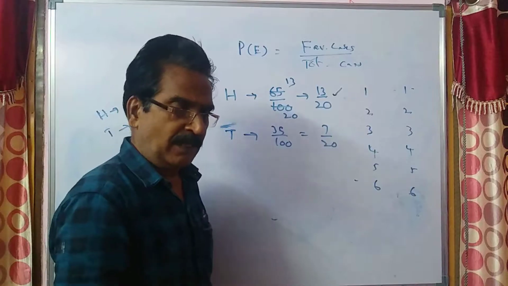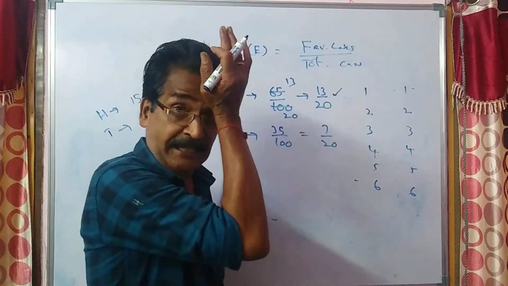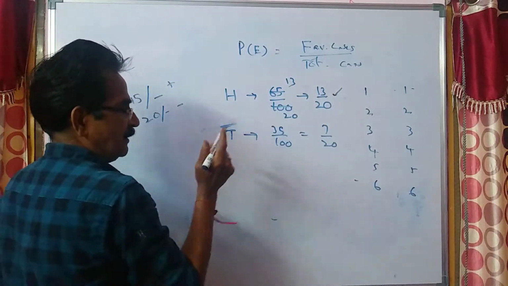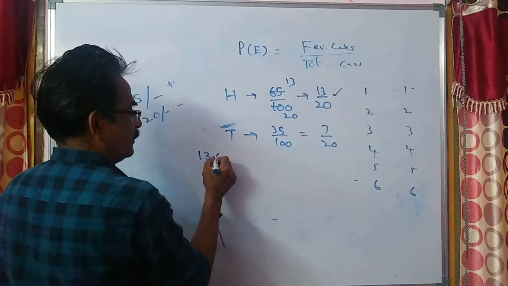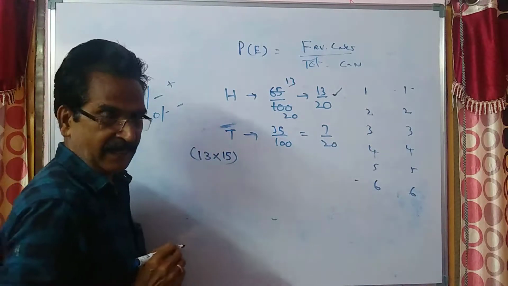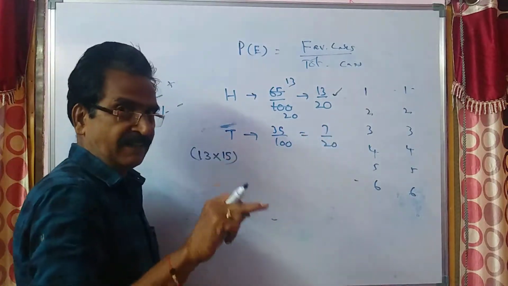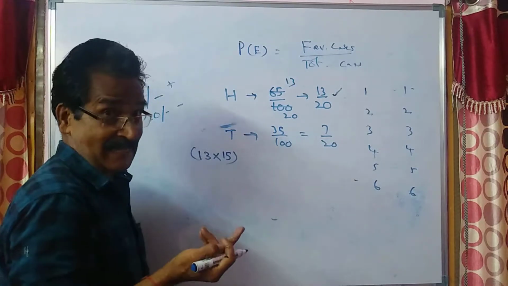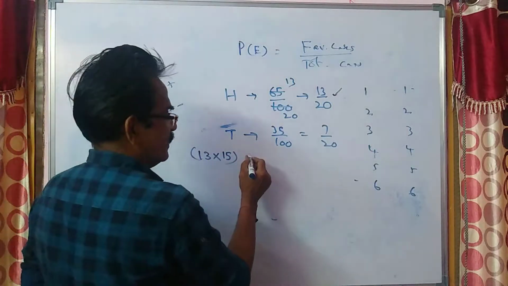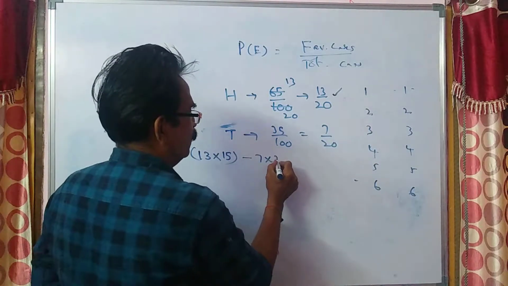Let us assume that he has thrown 20 times. If he throws 20 times, he will get head 13 times. 13 into 15 he gets. And the remaining 7 times he gets tail, and he loses 7 into 20.